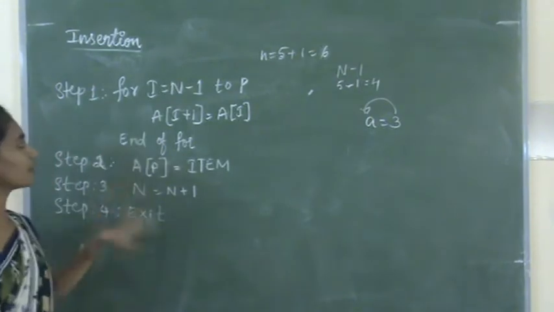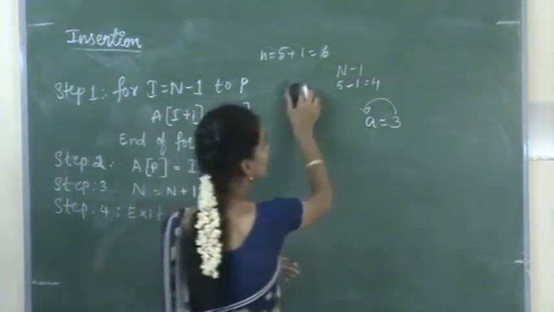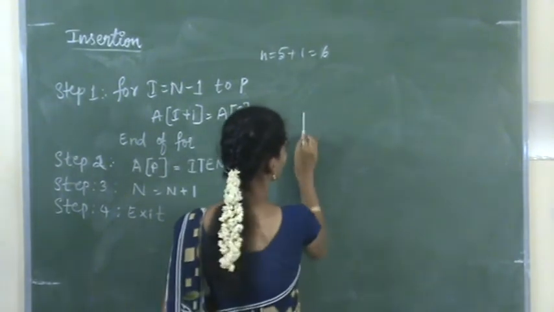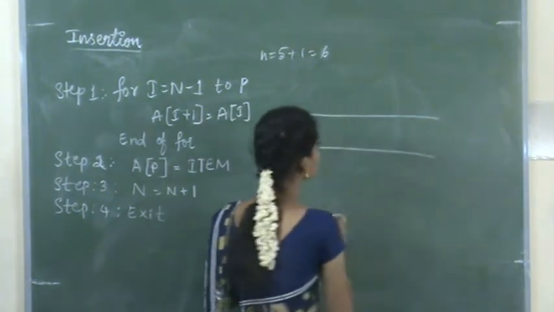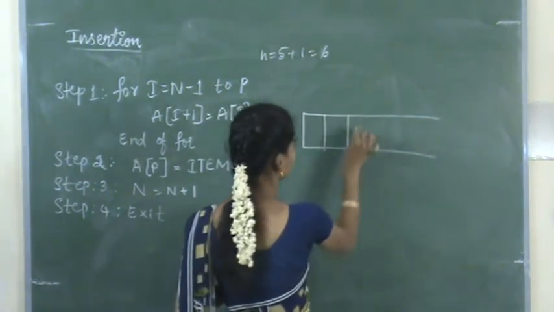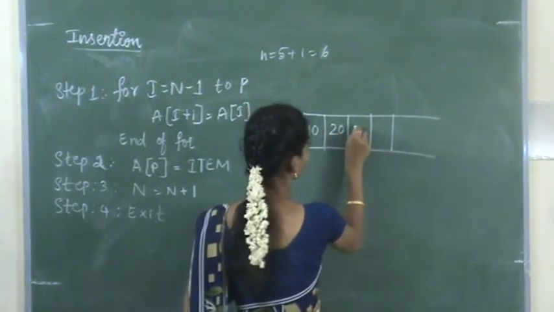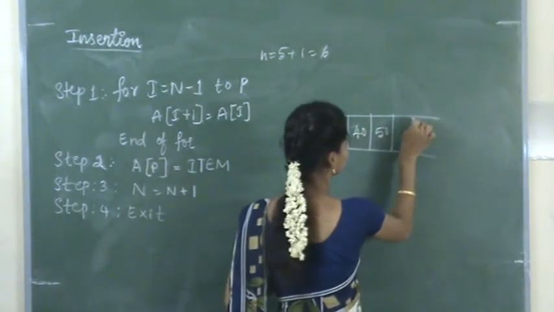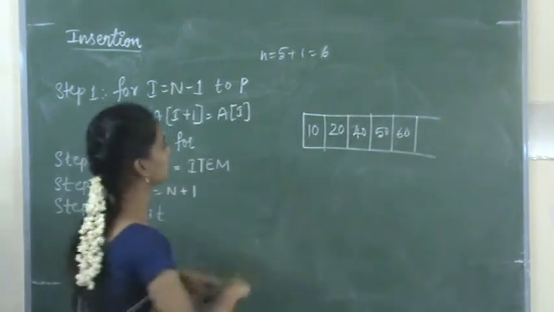So how we will write it: first we are taking a for loop to traverse the array, right? Suppose consider this as an example.